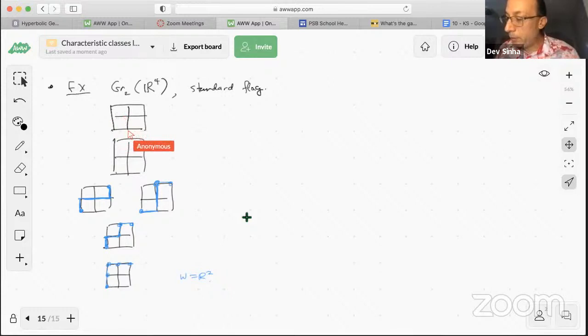The last one is when W is quote unquote generic, doesn't really intersect any of these flags in a standard way. Of course, it's got to intersect R3 in dimension 1, and it's got to intersect R4 in dimension 2 because it sits inside R4. But nothing happens before that.